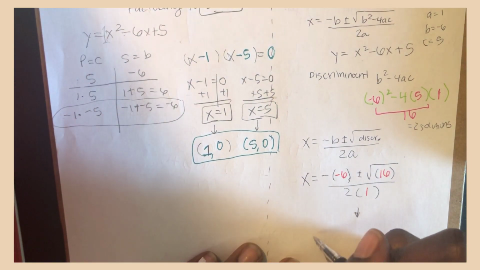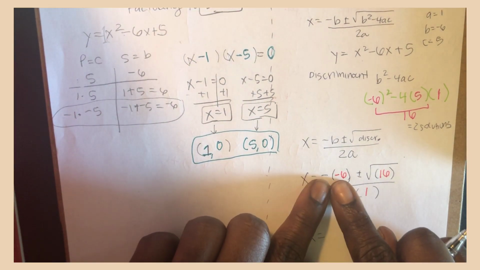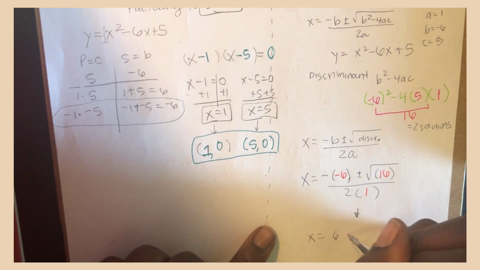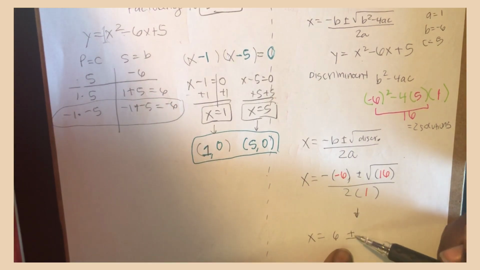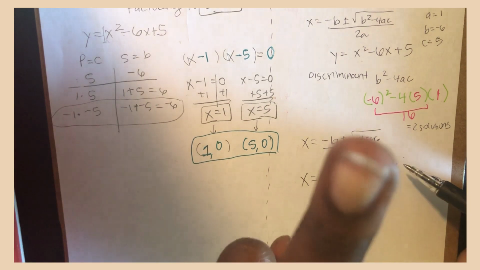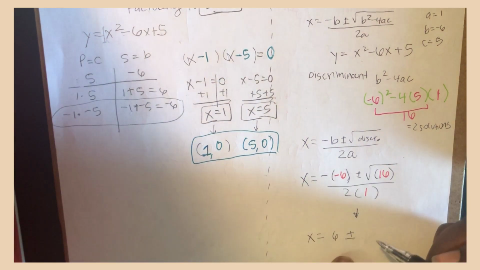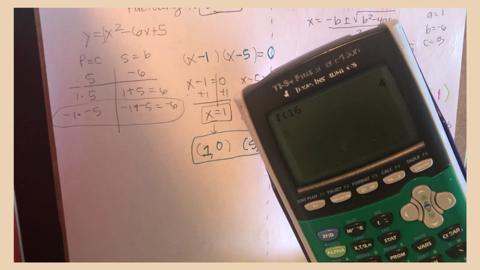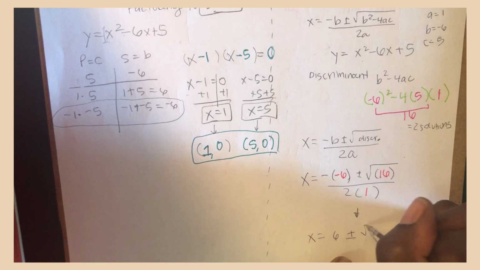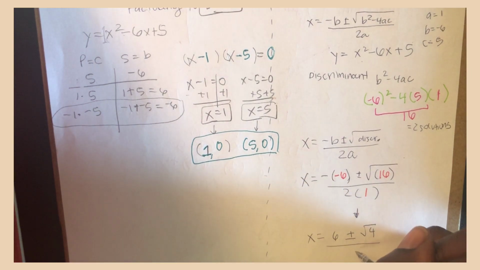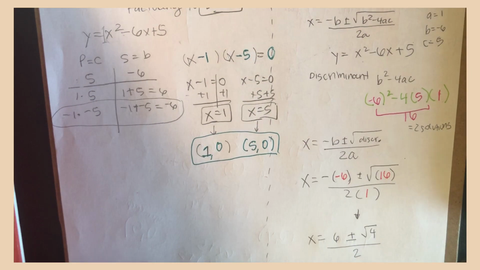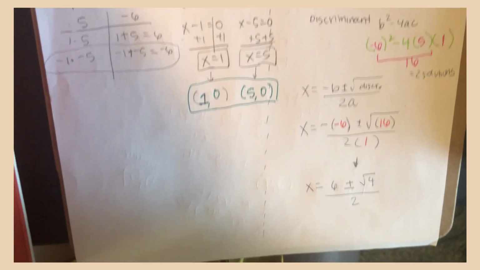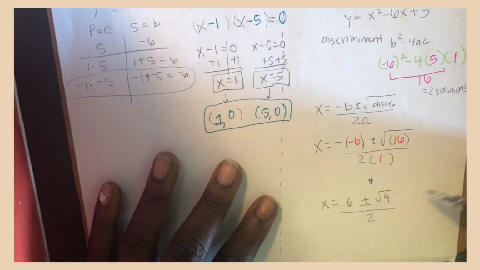So this now turns into x equals, 2 negatives turn into a positive 6, plus or minus. The reason it's plus or minus is because we're taking the square root, so there are 2 possible values, a negative and a positive. The square root of 16 is a perfect square. Boom, 4, divided by 2. Because it's plus or minus, it's going to separate into 2 different equations.